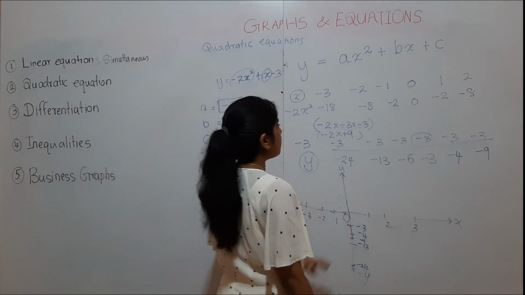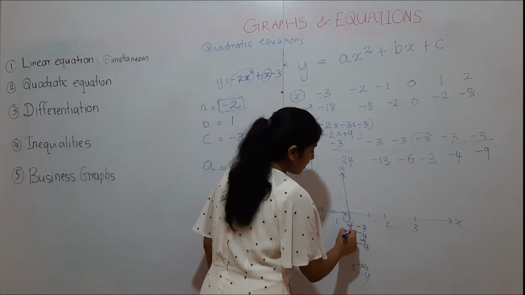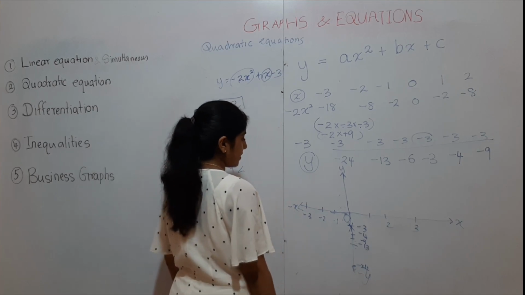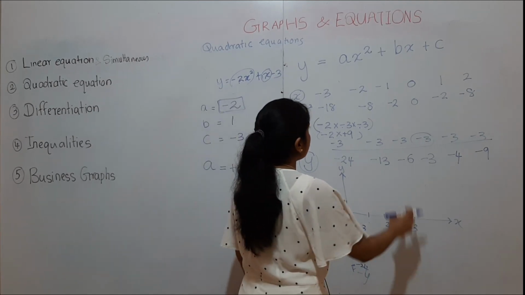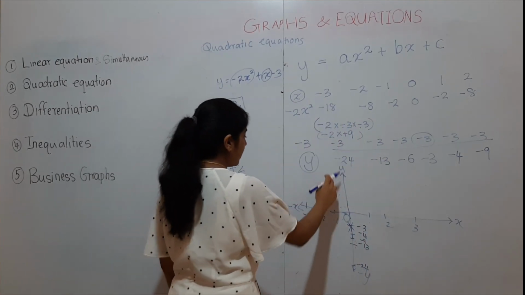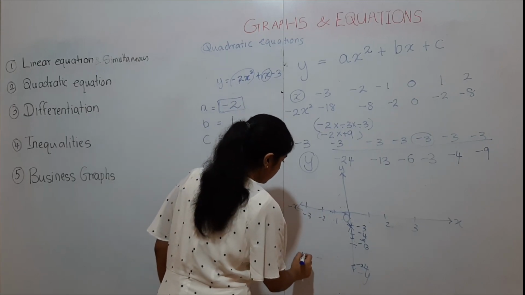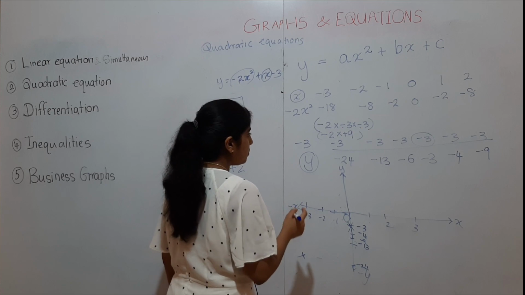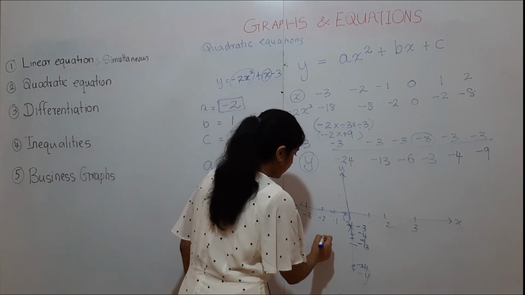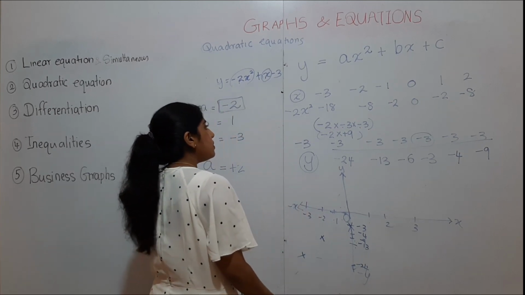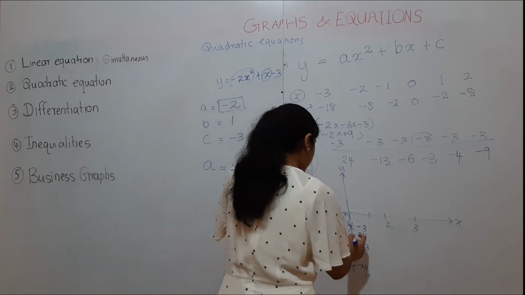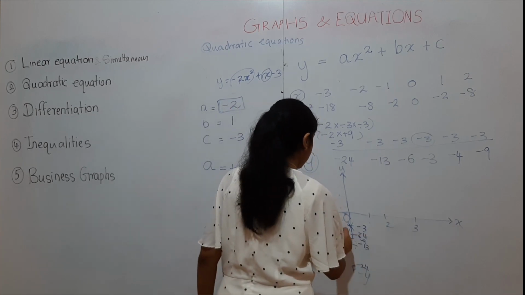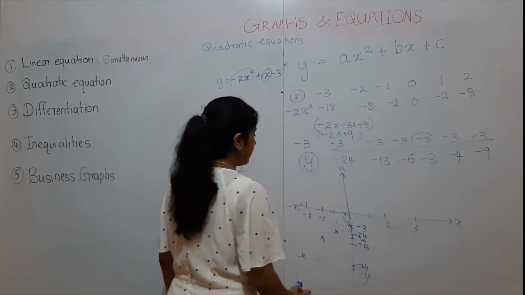When x equals 0, y equals minus 3, which is here. And when x equals minus 3, y equals minus 24 here. When x equals minus 2, y equals minus 13. When x equals minus 1, y equals minus 6. This is somewhere here.